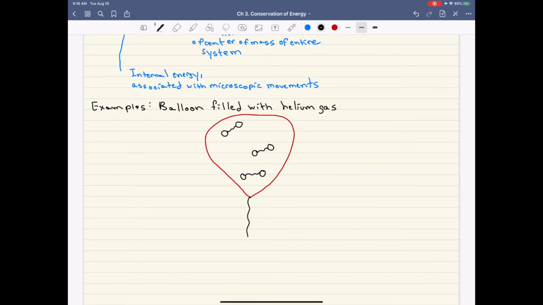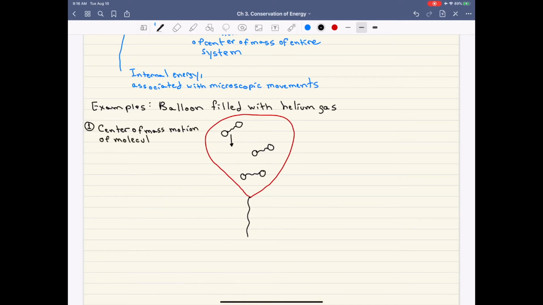These molecules are not just staying in place, but moving in all different ways, and that's what the internal energy describes. One way is that the entire molecule moves from one spot in the balloon to another. That type of movement is the translational motion, or center of mass motion, of the molecule.